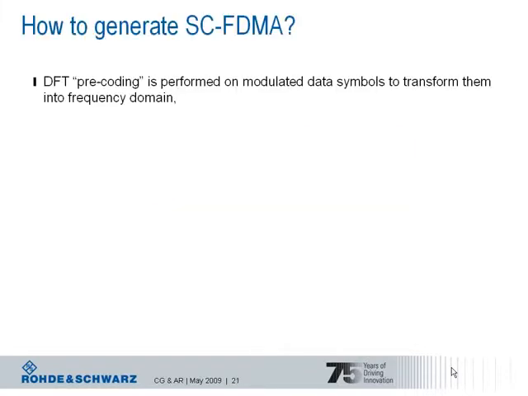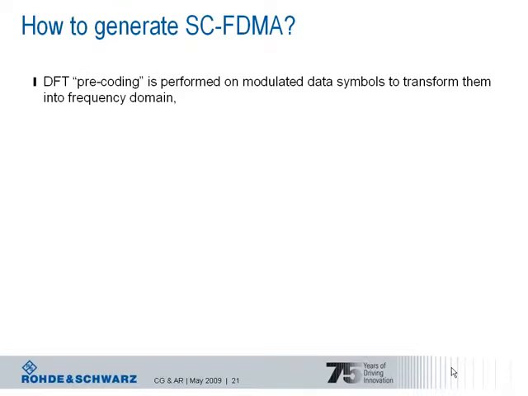Now, how is a single carrier FDMA signal generated from a high-level perspective? First of all, there's another block in the signal processing chain. A discrete Fourier transform is performed on the data symbols after serial-parallel conversion, which transfers them from the time into the frequency domain.